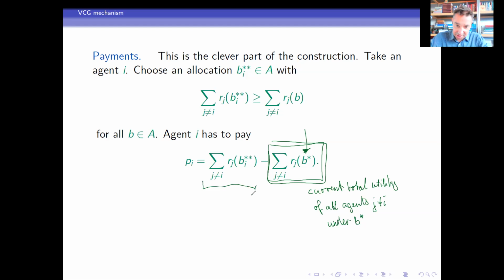But this here is the same, but then under this b_i star star, which is when you would not be present. So this is really maximizing the value for the other ones. And this here might actually be less.